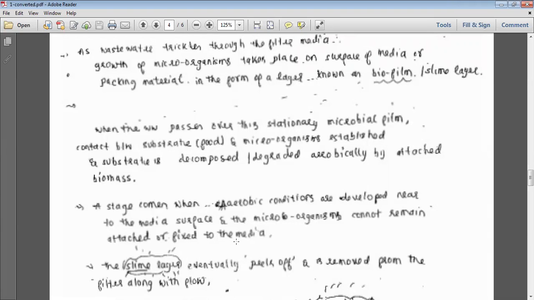You have to understand each. You have some wastewater industry, so every flowchart you can't remember.